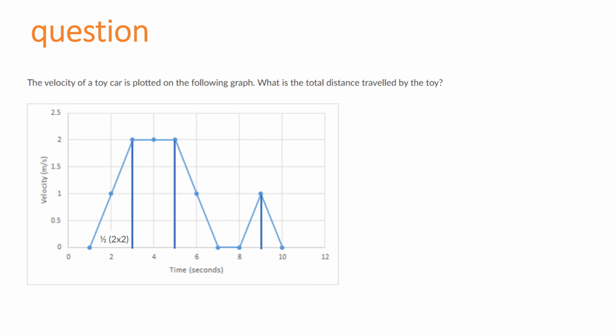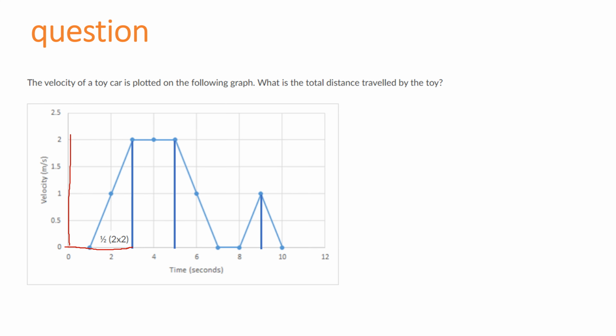For a triangle, the area is a half times base times height. So we would put a half, and then the base, which is 0 to 2, and the height is 2 meters per second.